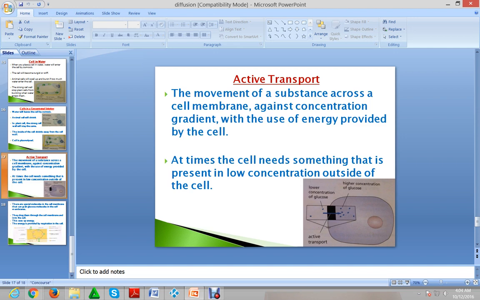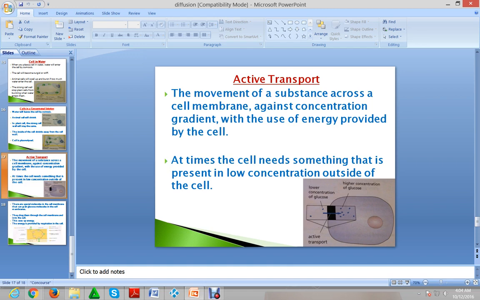Now, as for active transport, this process normally takes place against the concentration gradient, and so that is why energy is needed, because this cell, for example, has about 7 molecules of glucose inside while 2 are outside. Even though there are 7 inside, this particular cell still needs an additional 2.